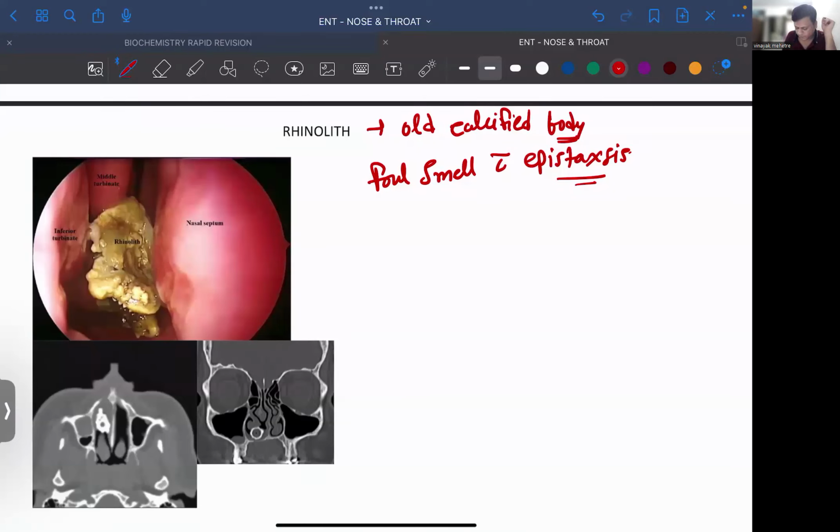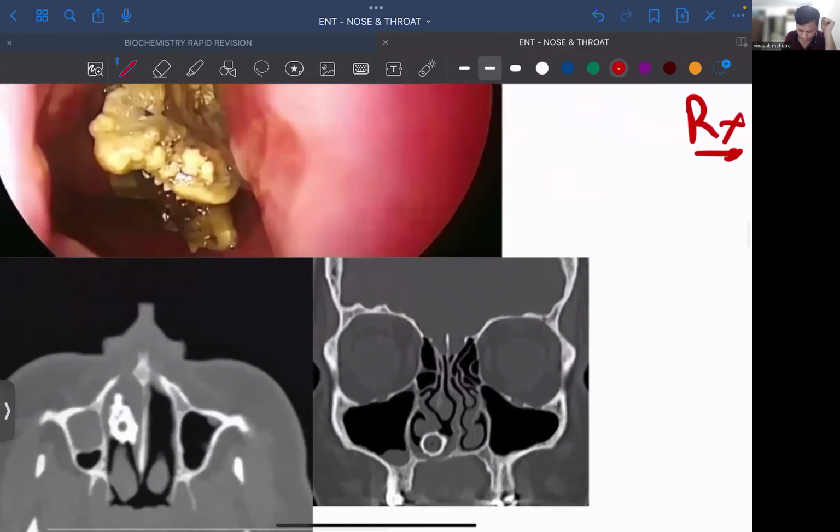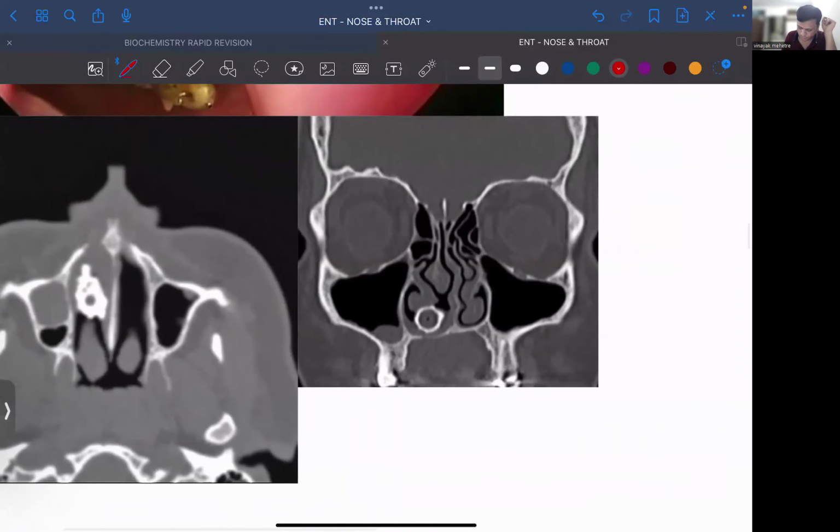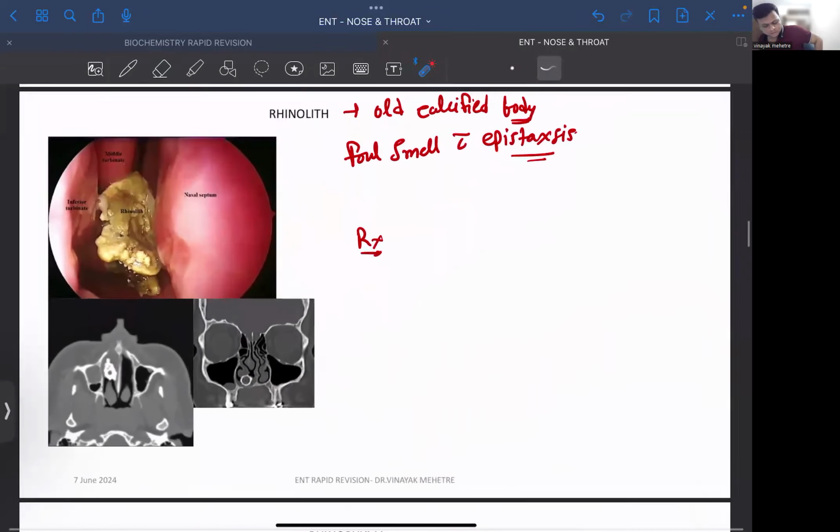Okay, what treatment will we do in this? Take a look over here. This whitish part is calcification around an object which is present in the nose. Calcification happened around it, right?